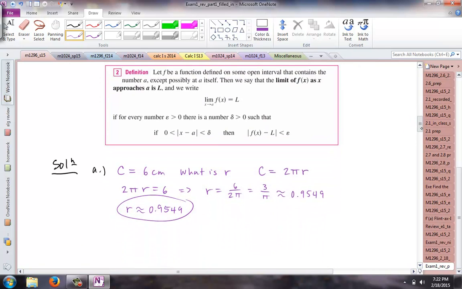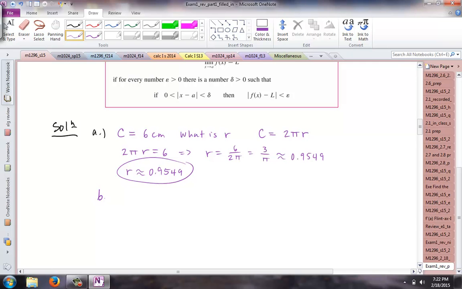So I think it's helpful to write down what was given in inequality form. So the circumference can vary between 6.5 and 5.5. And we want to know what the radius can vary between.